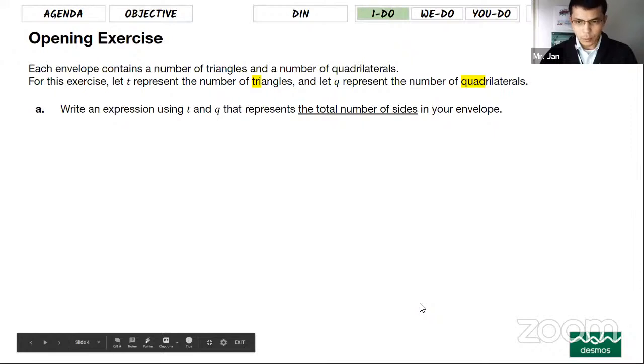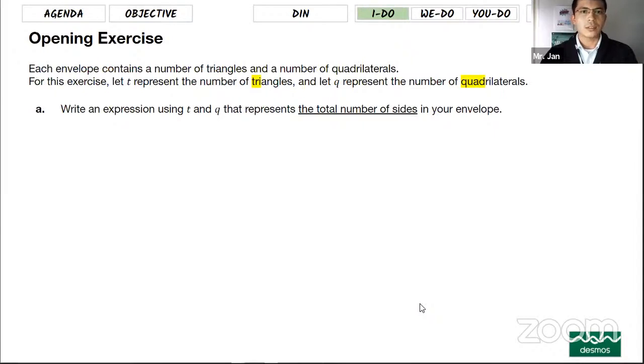The first thing we need to do is write down an expression using T and Q that represents the total number of sides. This is the key thing. Do you know how many sides a triangle has?